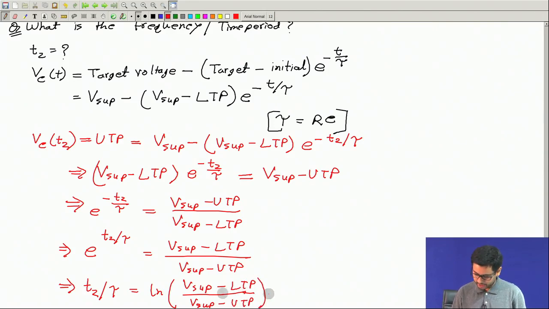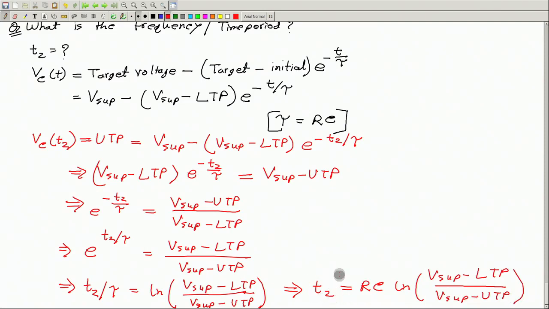From this we write t2 by tau is equal to ln of this entire term. Please check my calculation also. And from this, T2 will be tau multiplied by this, and the value of tau is RC, multiplied by ln of that term.